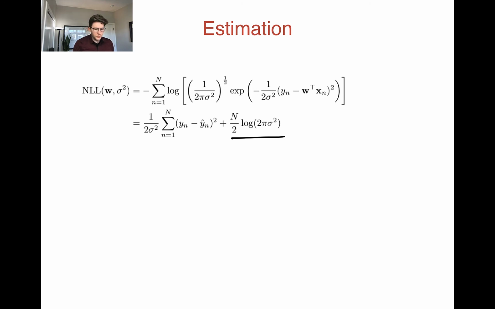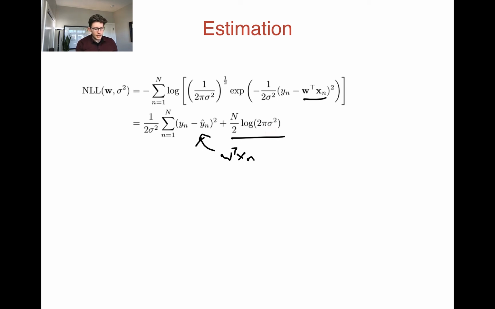Also note that we've defined y hat as just this product w transpose x. That's this thing here, just for simplicity of notation. So now notice that this second term just depends on sigma squared.